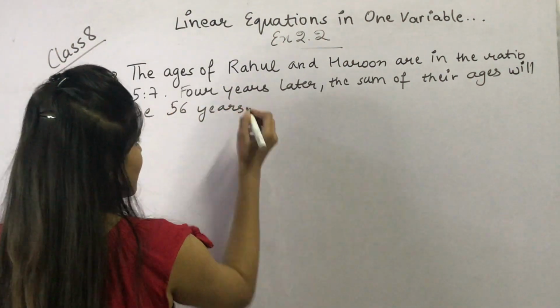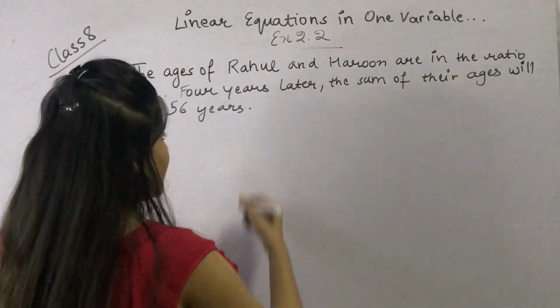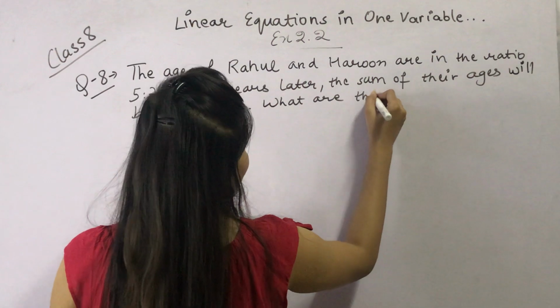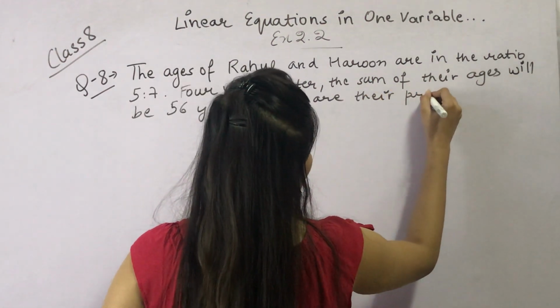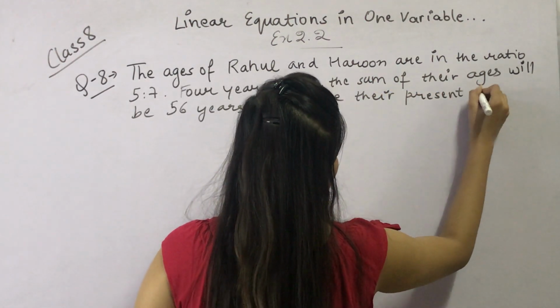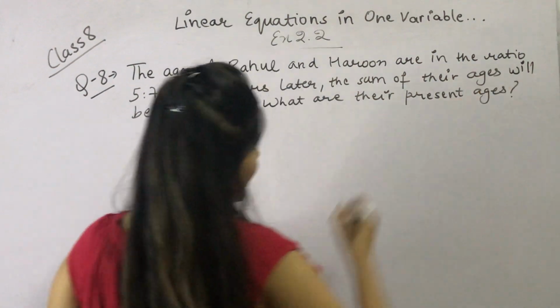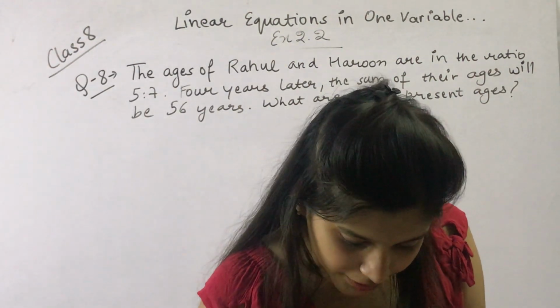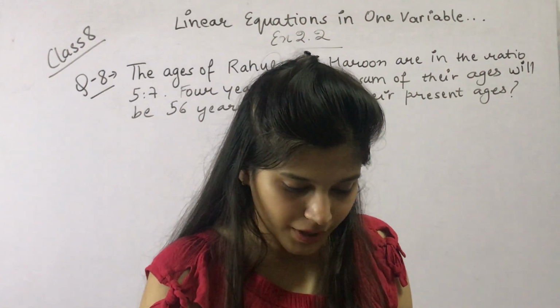What are their present ages? So, yes, the question is the ages of Rahul and Haroon are in the ratio 5:7.